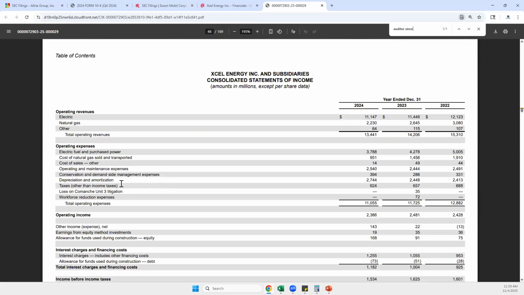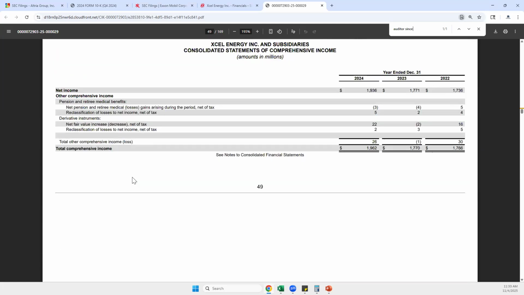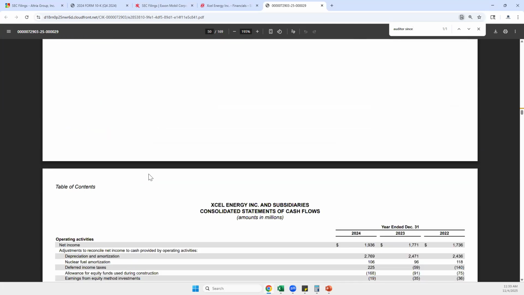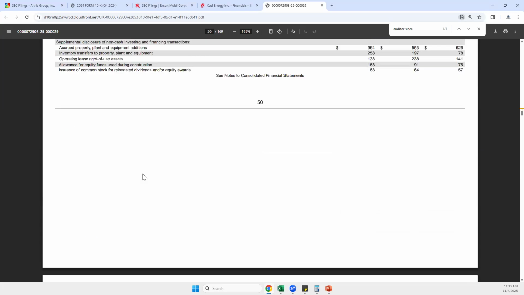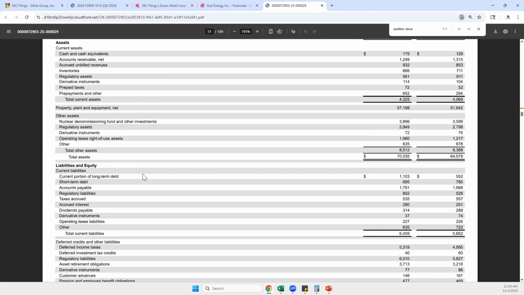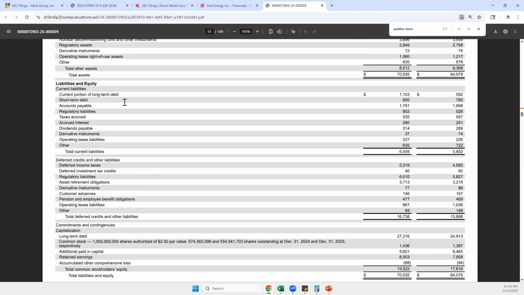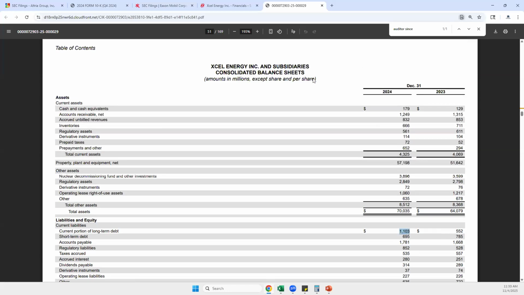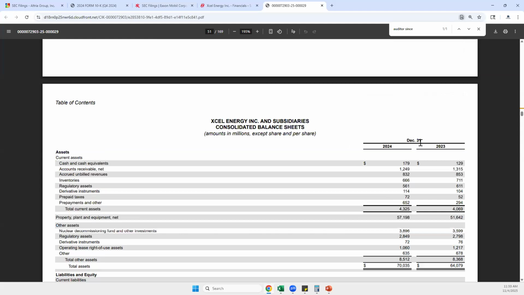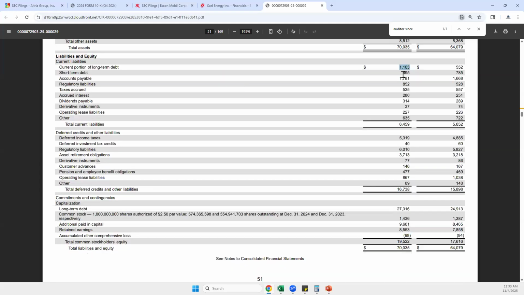And then we can scroll down to see the financial statements are usually displayed right next to the audit report. And the consolidated balance sheet, we have our current portion of long-term debt as the amount that was due. In the footnotes, they disclosed 1.1 billion that's due in 2025. Since this is as of December 31st, that ties directly to the financial statements here.